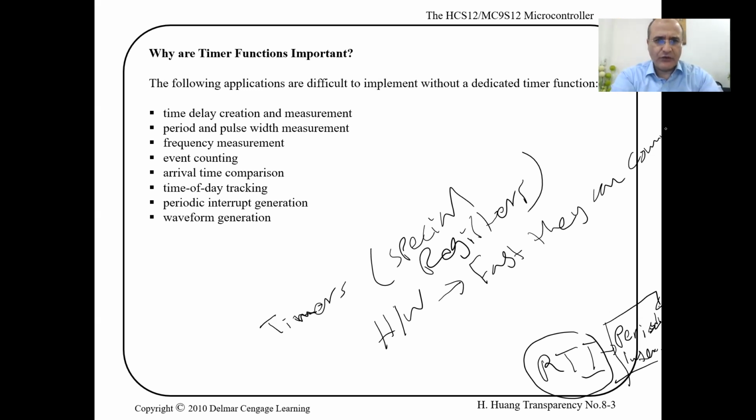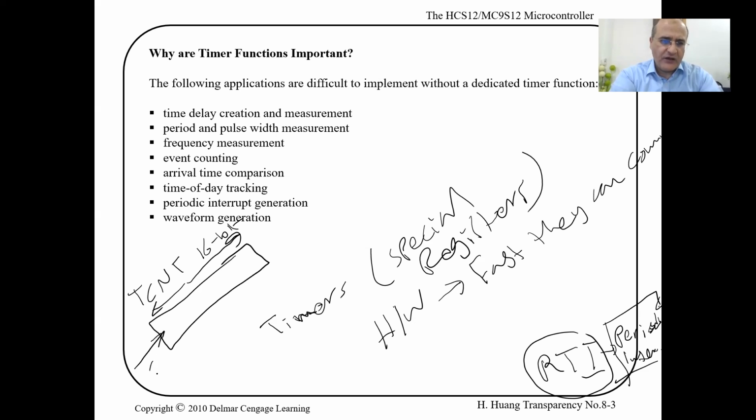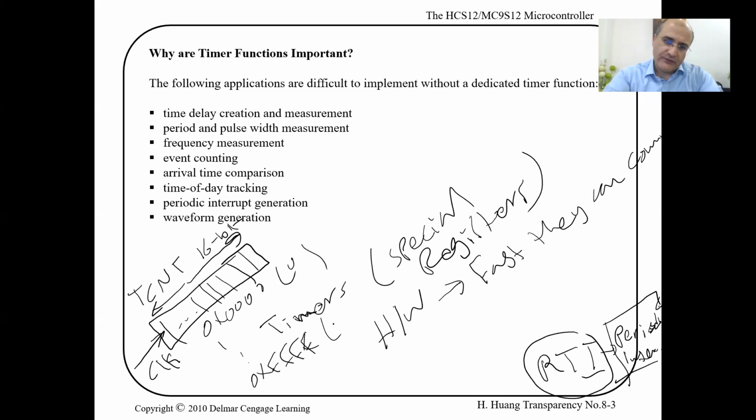We have a timer called the Tcnt timer. It is a 16-bit register with a clock source whose frequency we can control. This timer counts from 0x0000 to 0xFFFF, that is from 0 to 65,535, before flipping over again.